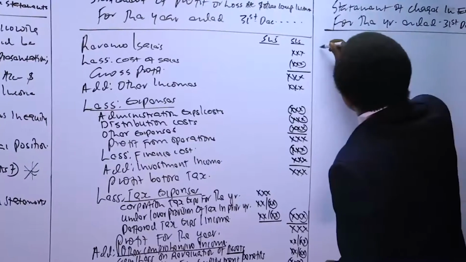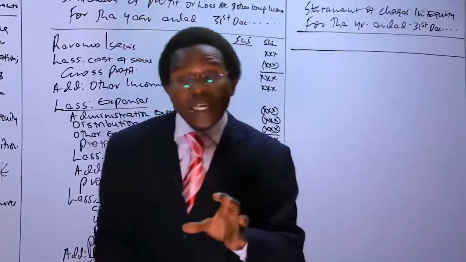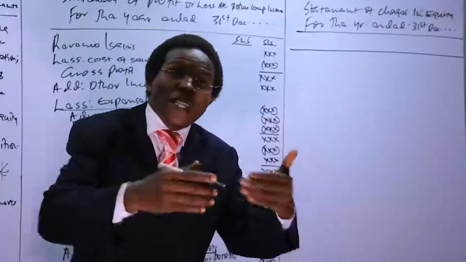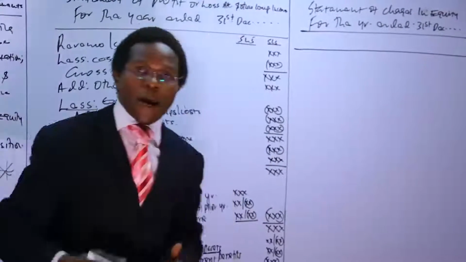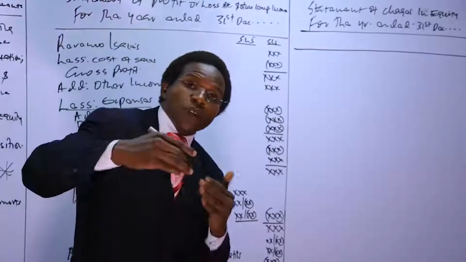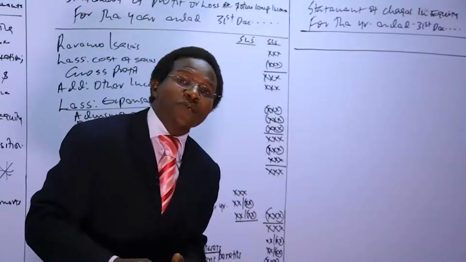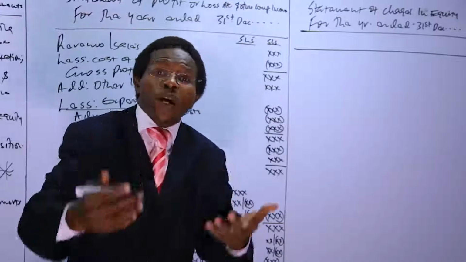In the statement of changes in equity, as we must have said, remember, the statement of changes in equity is a statement that will show the flow or movement of equity during the year. And equity, as we must have said, is simply the residual of assets after subtracting all the liabilities and represented by the capital and reserves.